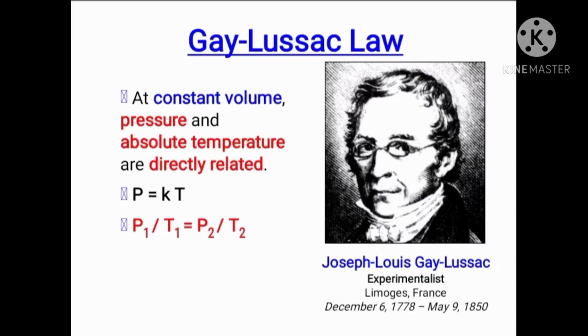So next is Gay-Lussac's law. At constant volume, pressure and absolute temperature are directly related: pressure 1 over temperature 1 equals pressure 2 over temperature 2. By Joseph Louis Gay-Lussac, experimentalist, Limoges, France, December 6, 1778 to May 9, 1850.